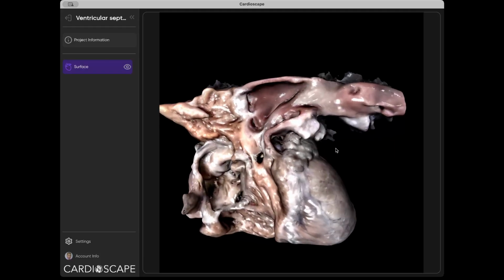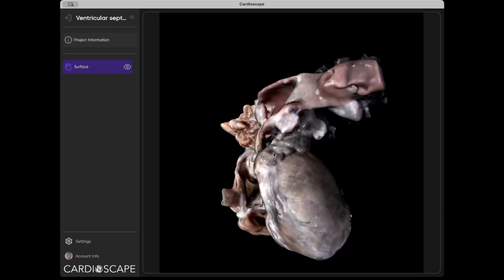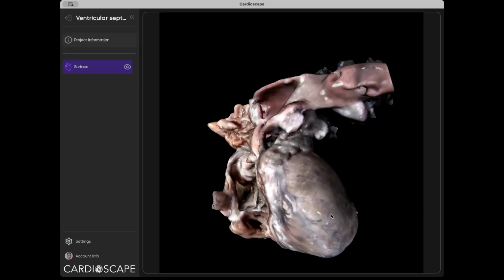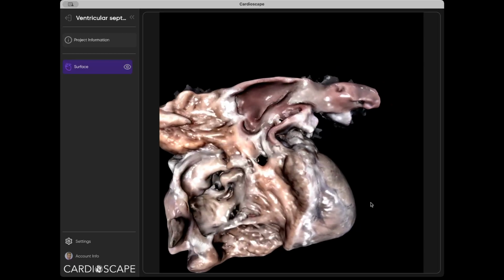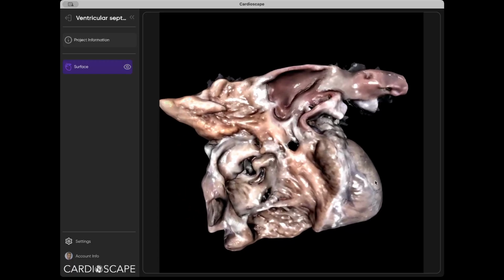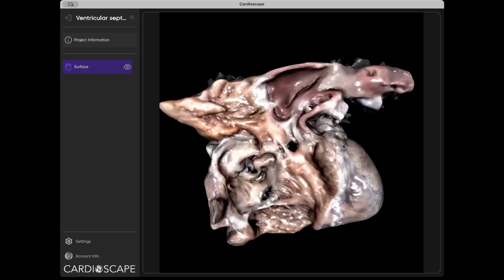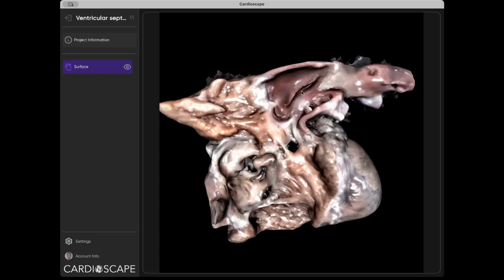Now, the ascending aorta is unfortunately kind of hidden back here, but the ascending aorta does arise from the morphologic left ventricle, which is here, and is interrupted. So in this specimen, there is an outlet ventricular septal defect with a fibrous postero-inferior border and an interrupted aortic arch.